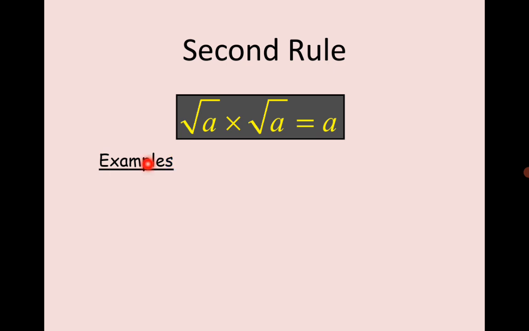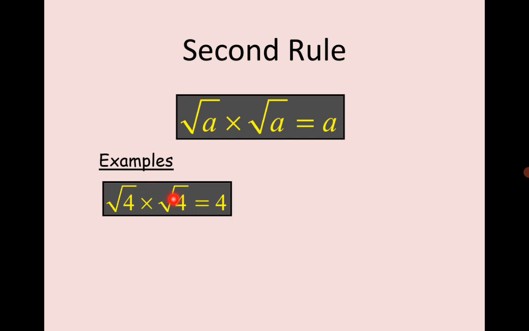So let's appreciate some examples. Root of 4 multiplied by root of 4 is just a 4 without a root sign. As a matter of fact, applying the first rule, this is the same as root of 16, 4 times 4. So what's root of 16?